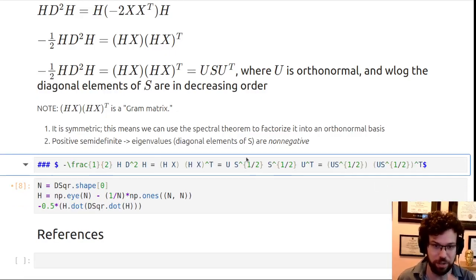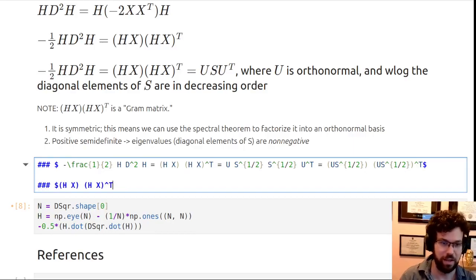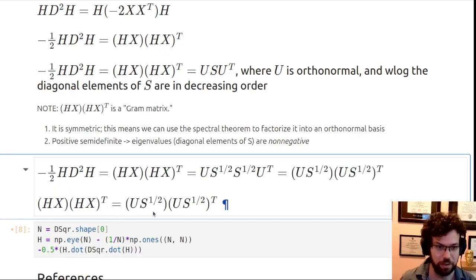So now let me just summarize what I've shown here. At the end of the day, I've shown that hx transpose, if I've done the factorization of that matrix into the spectral decomposition and group the terms like this, then I have this equality.